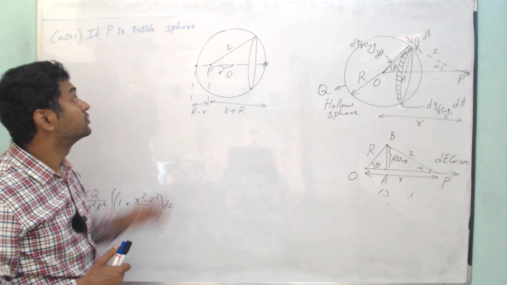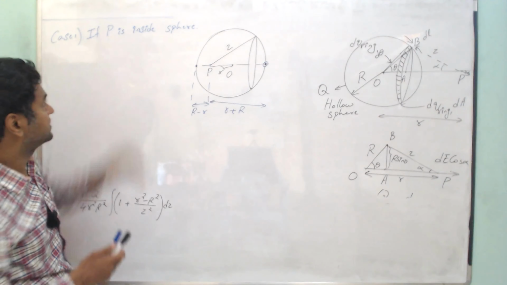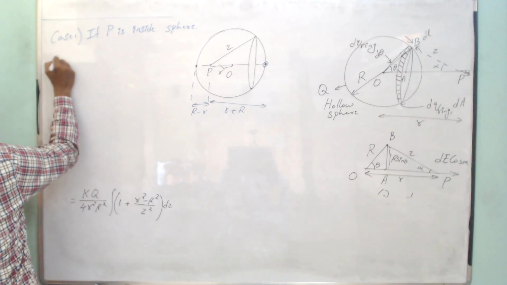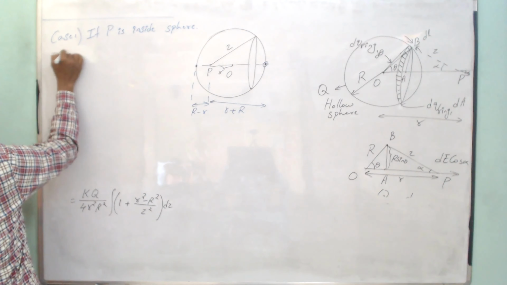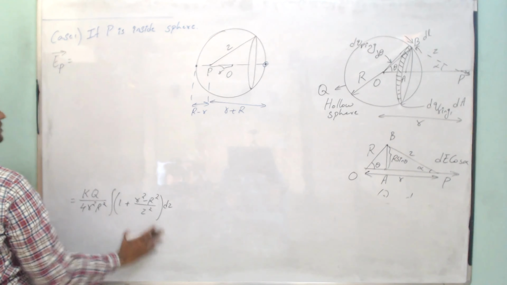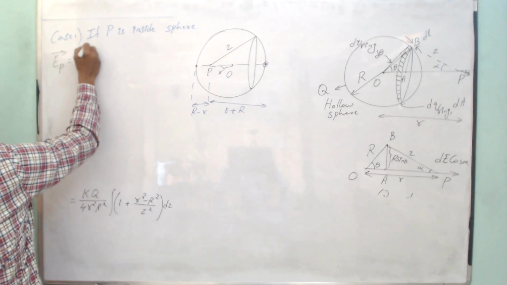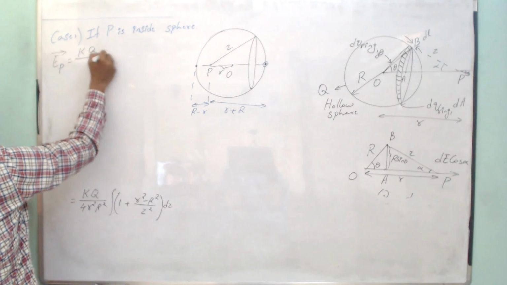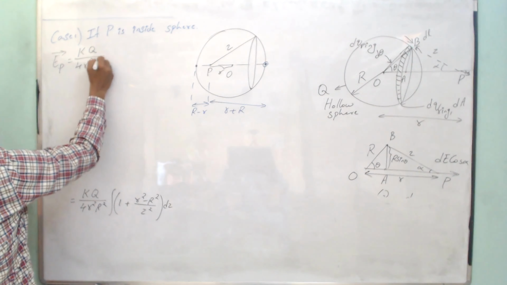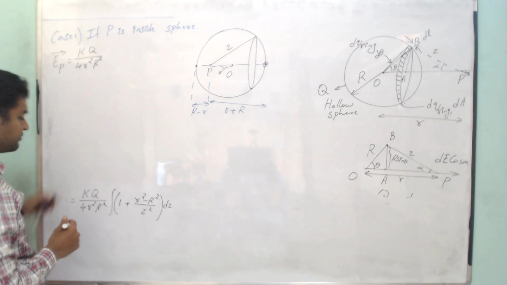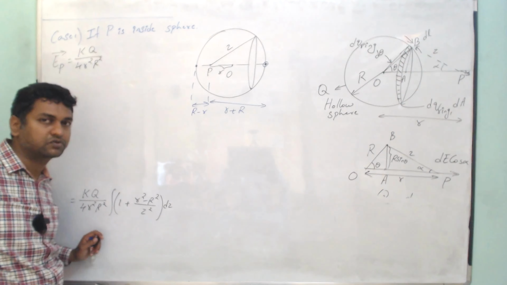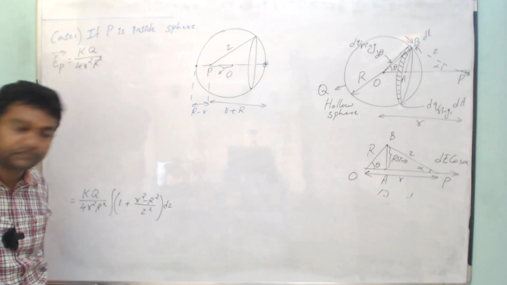So for point P inside the sphere, my resultant electric field at point P will be the integral of this, with limits. It has 4 r square, capital R square. Is it capital R square or only capital R? Check it once. I think it is R square. Okay.